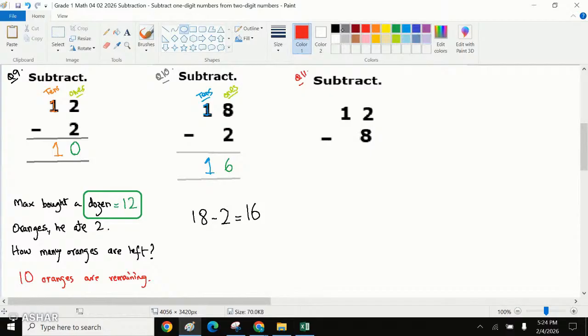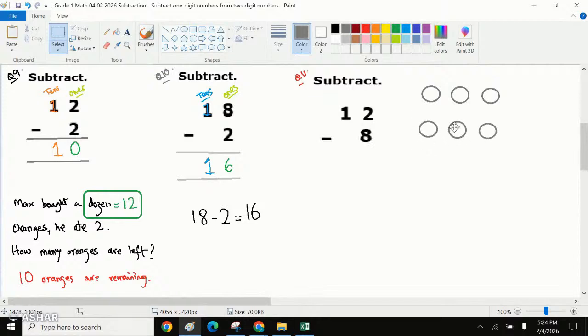If I have 12 circles, let's make a copy of this.